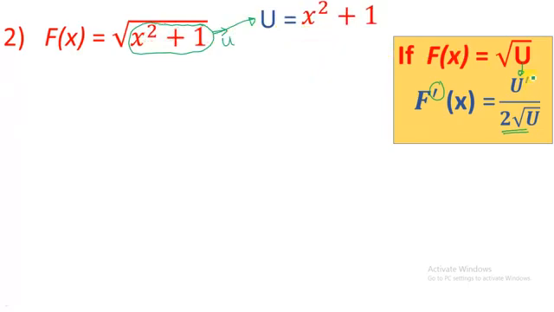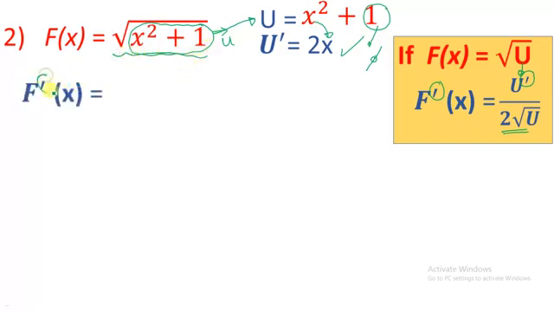The second step, we will find the derivative of this quantity to get u prime equals 2x, because the derivative of x squared is 2x and the derivative of 1 is 0. Then we will write the rule f prime of x equals u prime over 2 radical itself, and this is the radical we have.